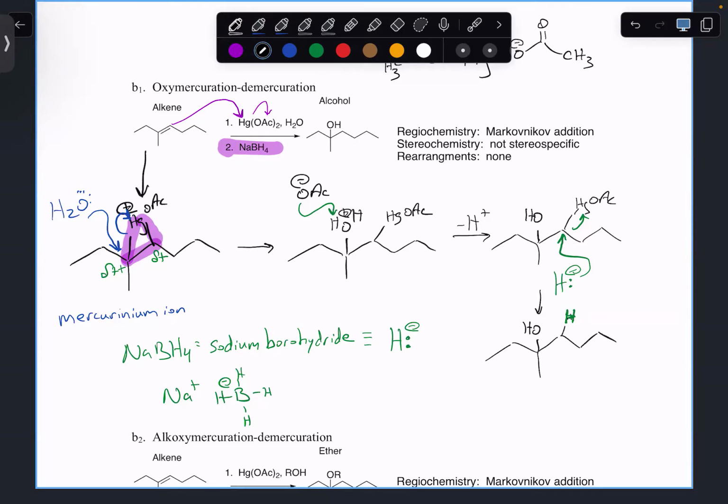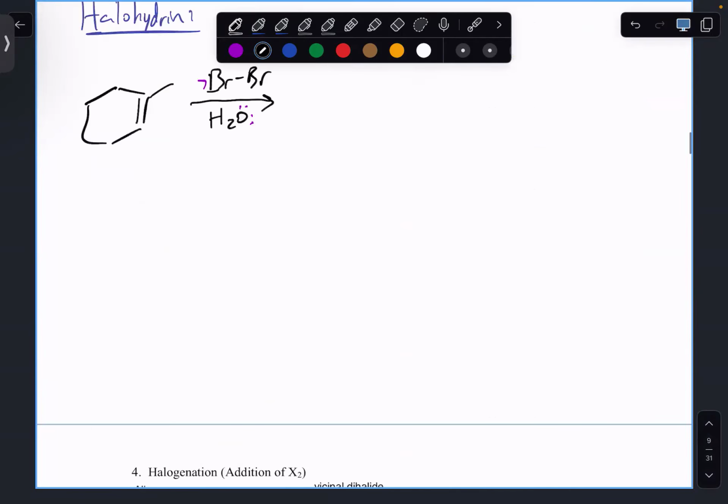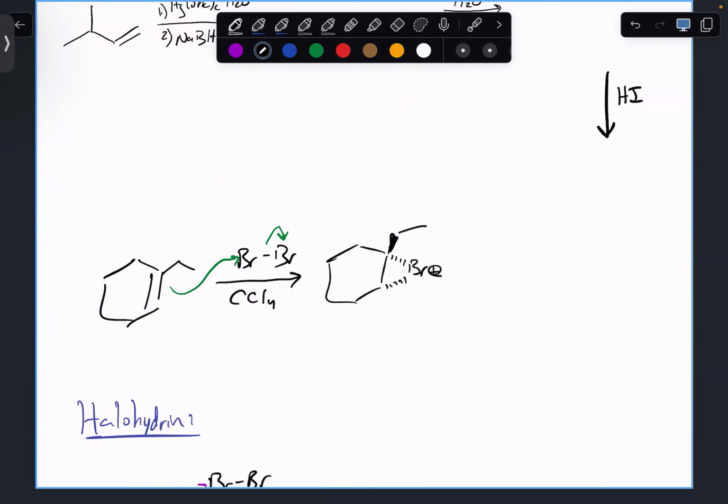We have a three-membered ring where that positive charge is going to be delocalized through the three-membered ring, but again, not equally. It will be more localized on the carbon that can better stabilize the positive charge. So when the incoming bromide comes in, it is going to be more attracted to the more positive carbon.